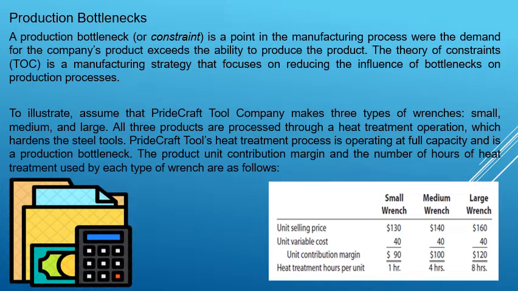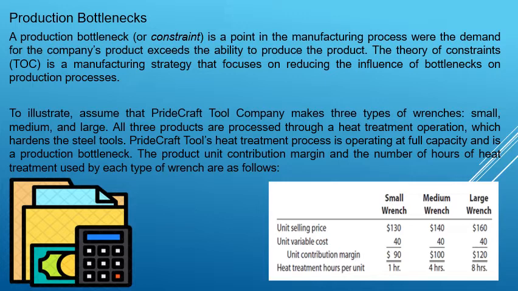We have here an example under the Pride Craft tool company. They make 3 types of wrenches: small, medium, and large. All 3 products are processed through a heat treatment operation, which hardens the steel tools.